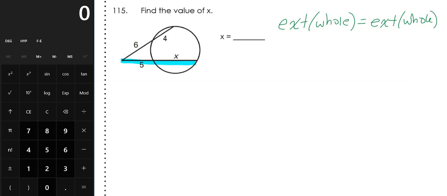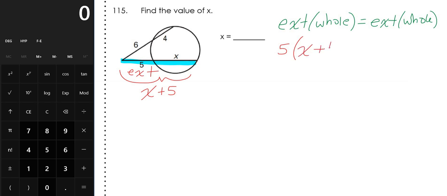So if I'm looking at this bottom secant, the external piece is the 5. So I'm going to put 5 times the whole secant. So from the external angle all the way through to the other side of the circle. So the entire secant here is the 5 and the x together. So I'll refer to that as x plus 5.